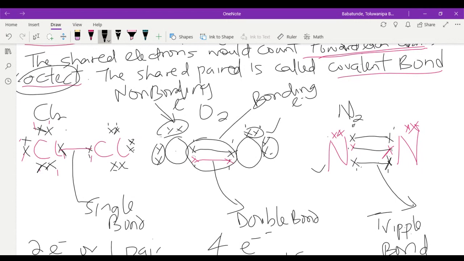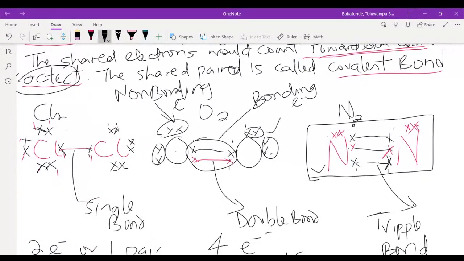So we should be able to look at a bond and distinguish non-bonding and bonding electrons. For example, if you are asked how many bonding electrons and non-bonding electrons do we have in nitrogen molecule? You take a look at nitrogen molecule.